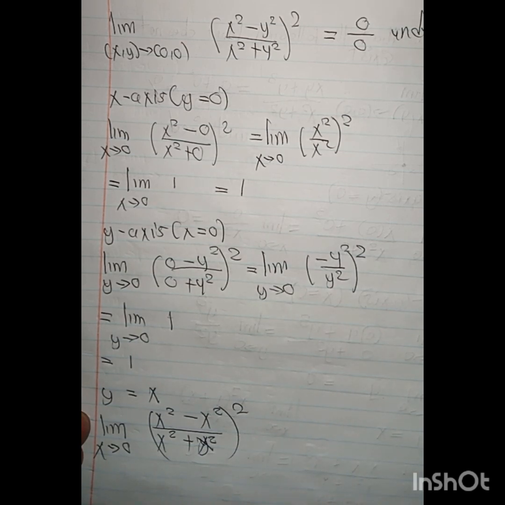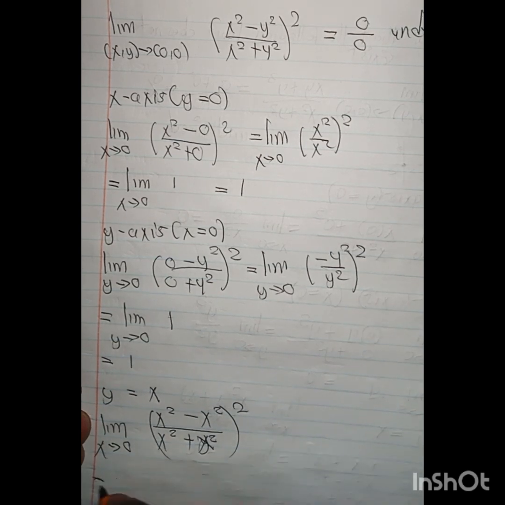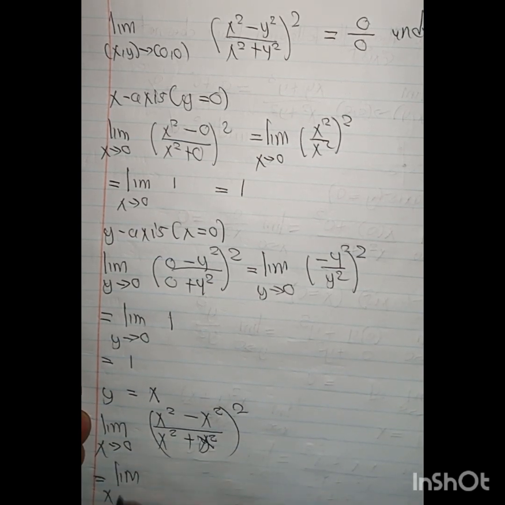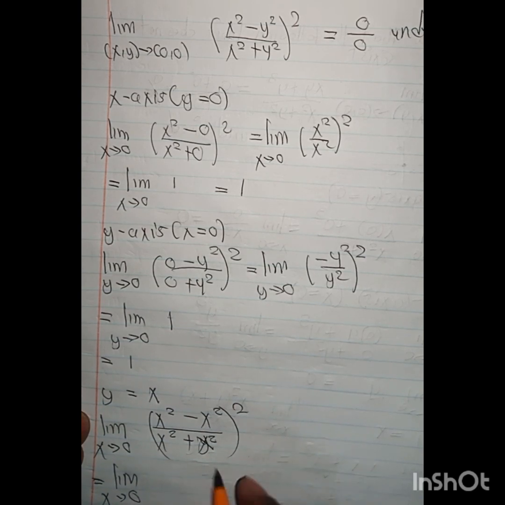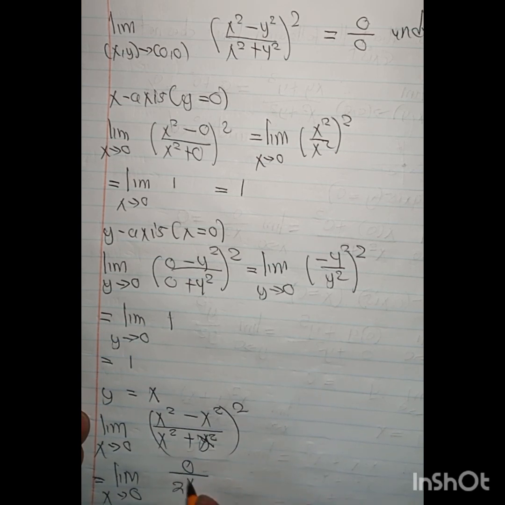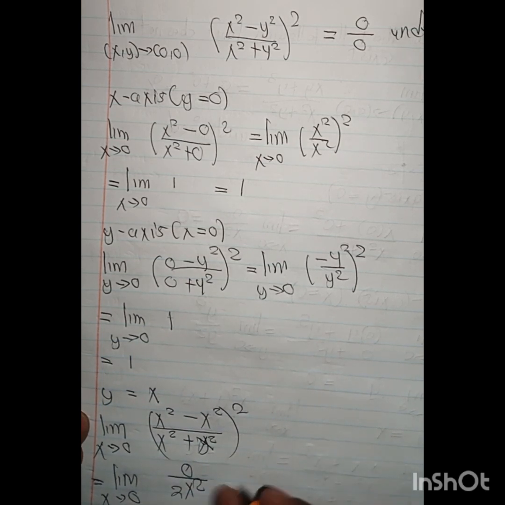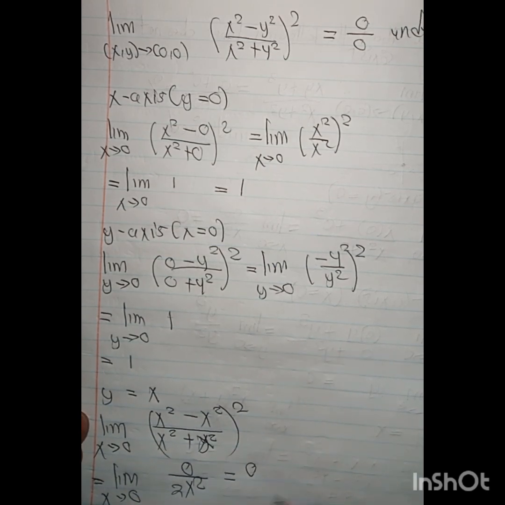Then when you write this point, you can add the like terms where possible. This is the same as the limit as x approaches 0 of x squared minus x squared, this is 0, over x squared plus x squared, this is 2x squared, and the final answer here that we'll get is a 0.